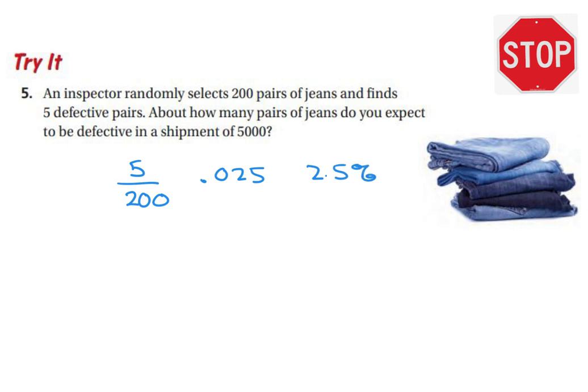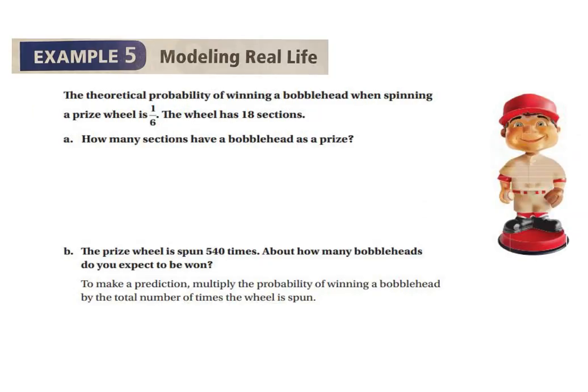So our probability here, we'll take 0.025, multiply that by 5,000, and we'll find that there are approximately 125 pairs out of the 5,000 that will also end up being defective.